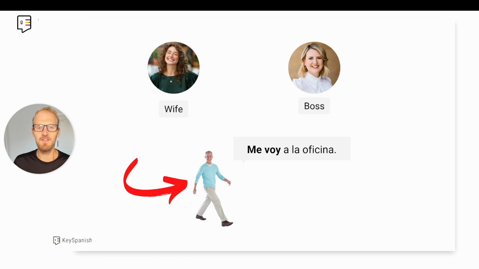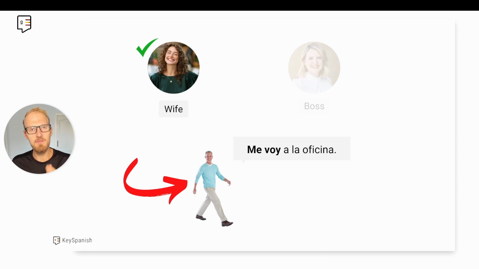If I'm saying me voy a la oficina from home, who cares about it? Well, my wife would care about it because for her, what is important is that I'm leaving home, the place I'm leaving behind. That's why I'm choosing to say me voy to my wife, because she needs to know that I'm leaving home.